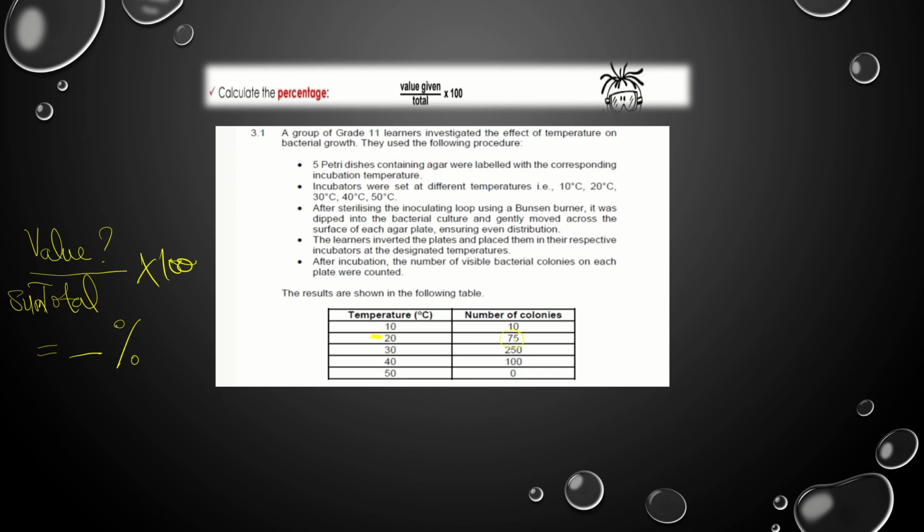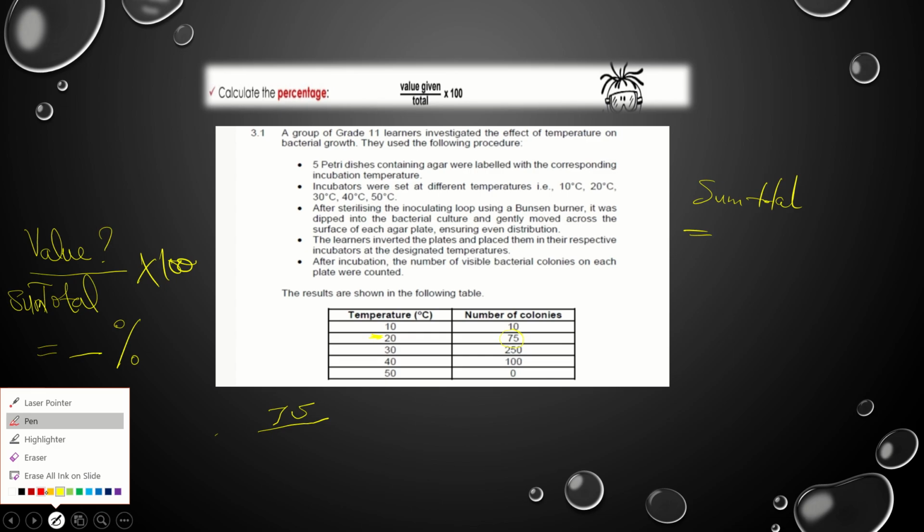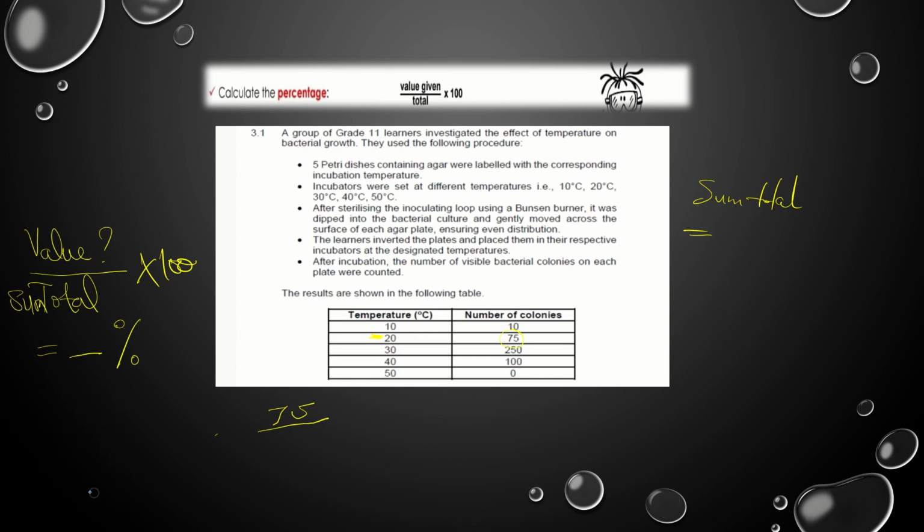We've got 75 colonies out of the total, so what is the portion of this in terms of percentage? Then we're going to say 75 divided by the sum total. So what is the sum total? The sum total is equal to the sum of everything here. Let's just highlight it.